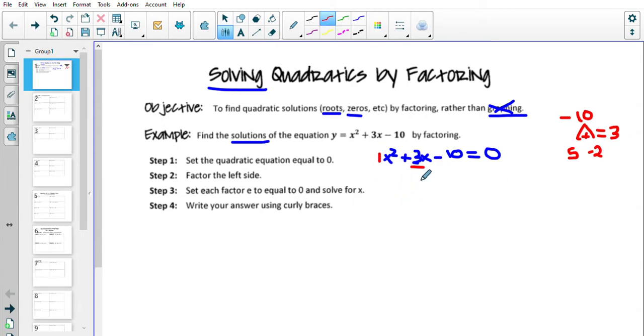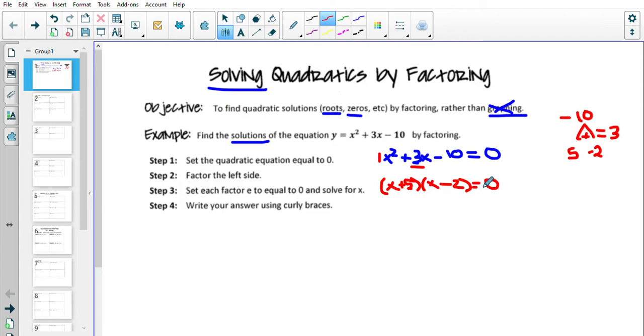So that tells us that the factors that we have are a positive 5 and a negative 2. Remember, factor means our parentheses. So we have our x plus 5 as one factor, and then we have our x minus 2 as the other. And again, it's still set equal to 0 here.